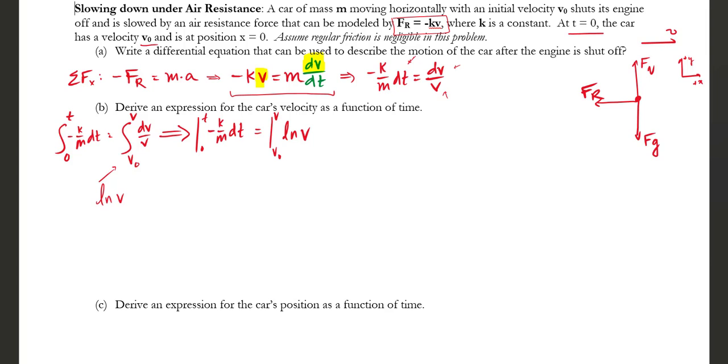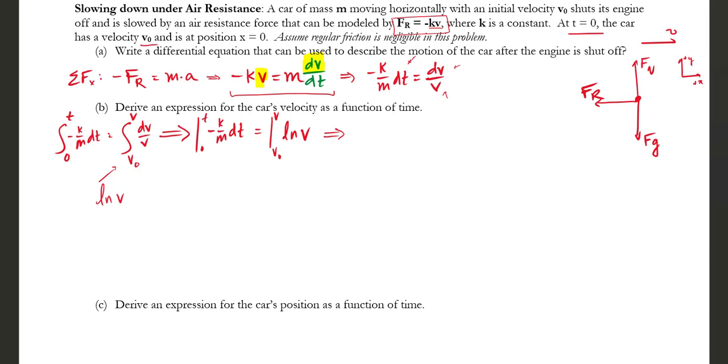Now some might say this is even worse than before because it has natural logs in here. A lot of us don't really like those, but there's another trick we're going to use in a second that lets us get rid of that natural log pretty easily and get a really nice solution out of this. But first, we have to put in our limits of integration.